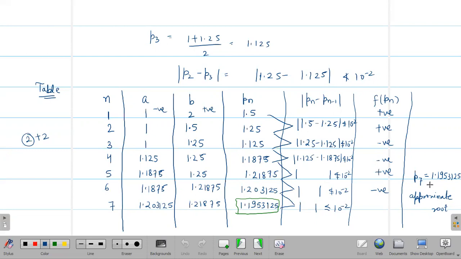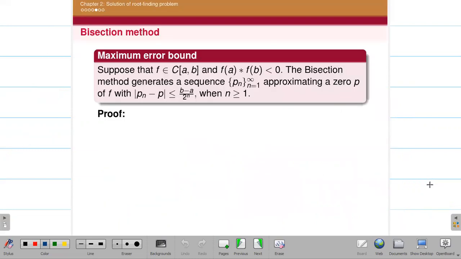So any doubt in this, or shall I move to the next? Now we will find out the error bound. Here we have done the method. So now in this, suppose the function is continuous. C[a,b] means it is a continuous function.